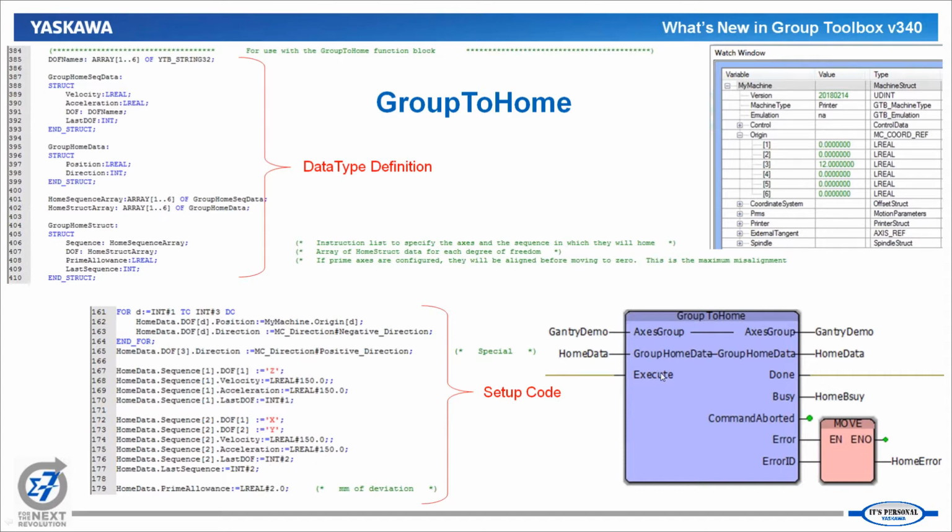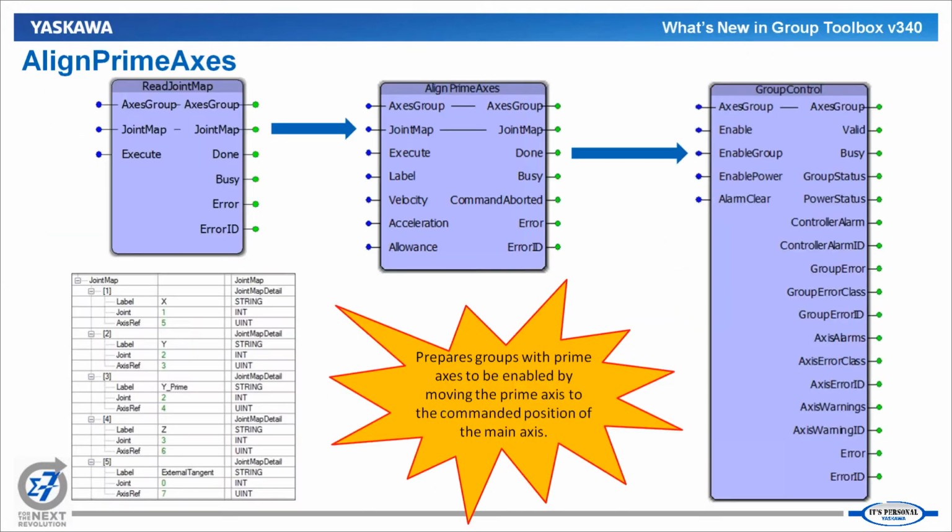This block will check and detect as well if there's prime axes involved with that system. That's why we see here again on this data structure the allowance to align prime axes if they're out of alignment, and that way we'll get through all the process of group enable without any trouble. Here again you can see that the align prime axes block can be used before doing group enable.